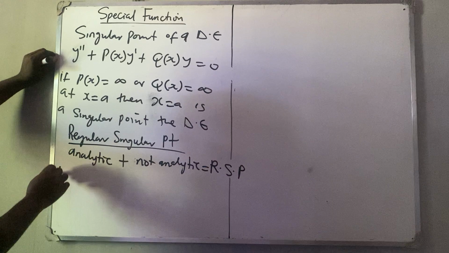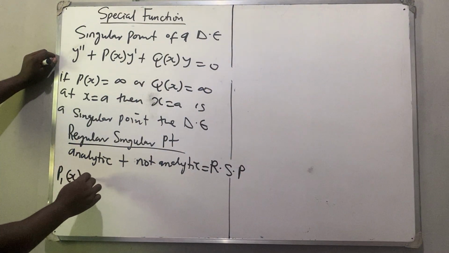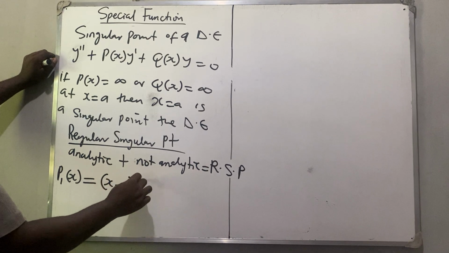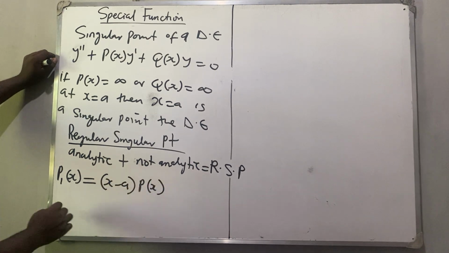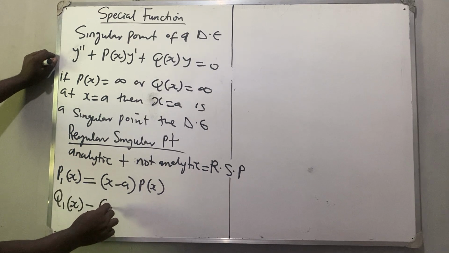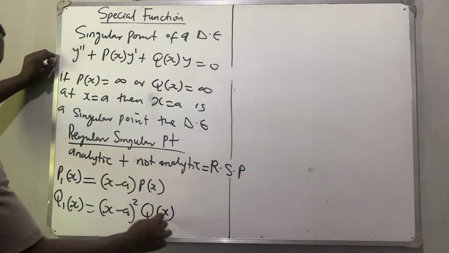So we are going to check p1 of x, and it has a formula. p1 of x is equal to x minus a times p of x, and q1 of x is equal to x minus a all squared times q of x.